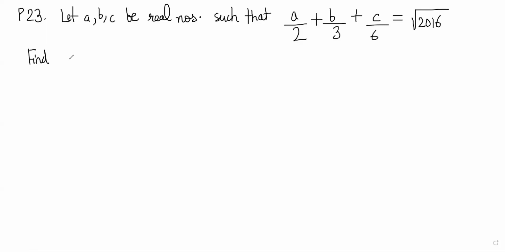Find the minimum possible value of A square plus B square plus C square.